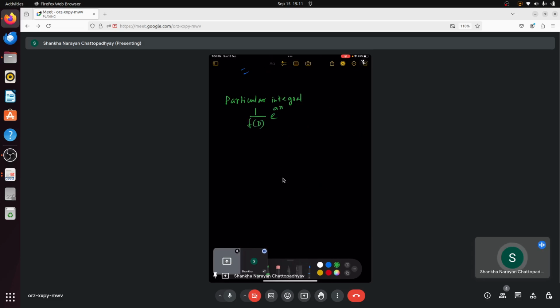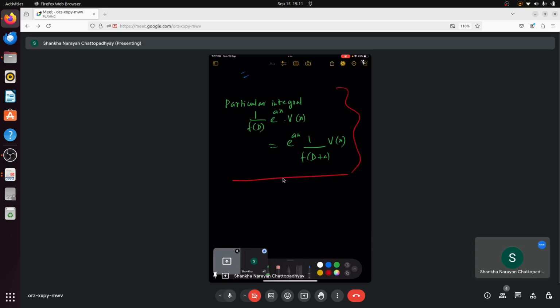You have e to the power ax into some v of x, then this e to the power ax will go outside the bracket, but it will keep some effect on fd. This is actually our working formula.